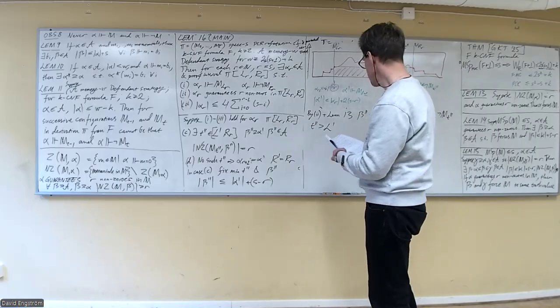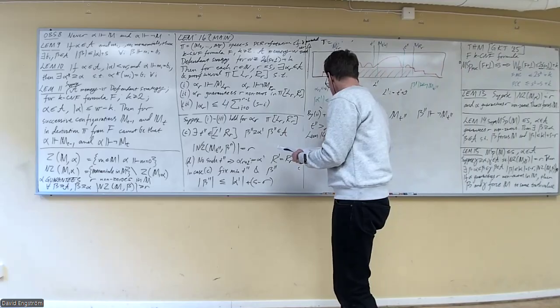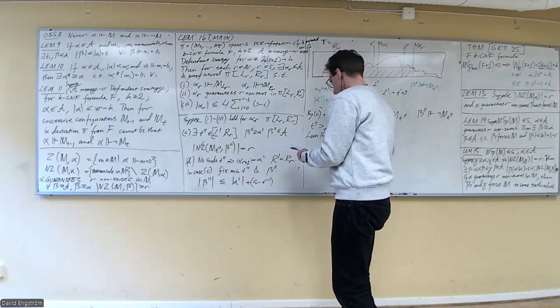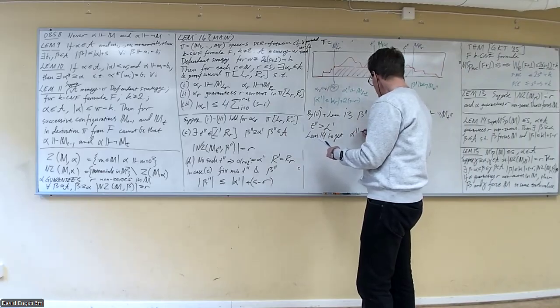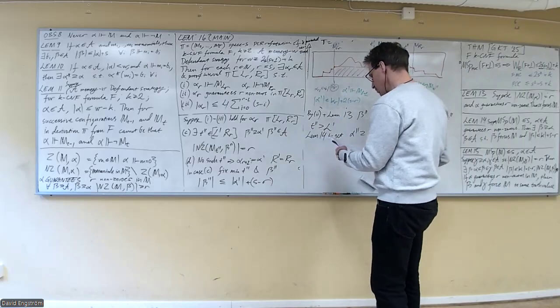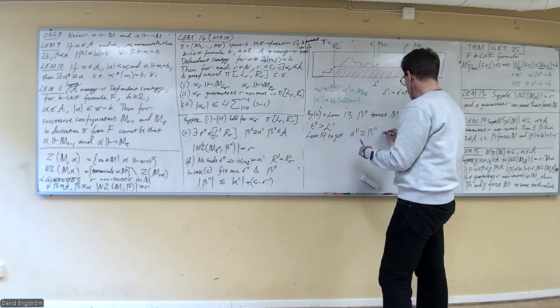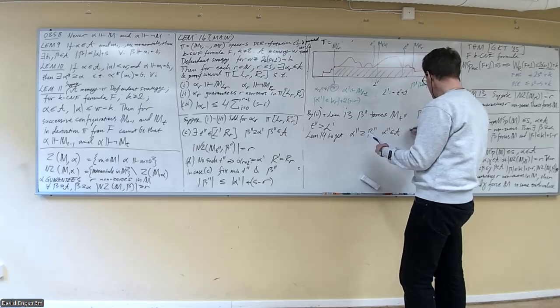Okay. Now use lemma 14 to get alpha double prime extending beta double prime. Alpha double prime should obviously still live inside the family.